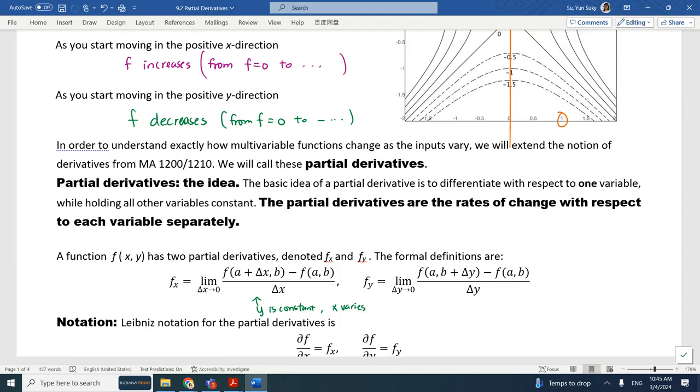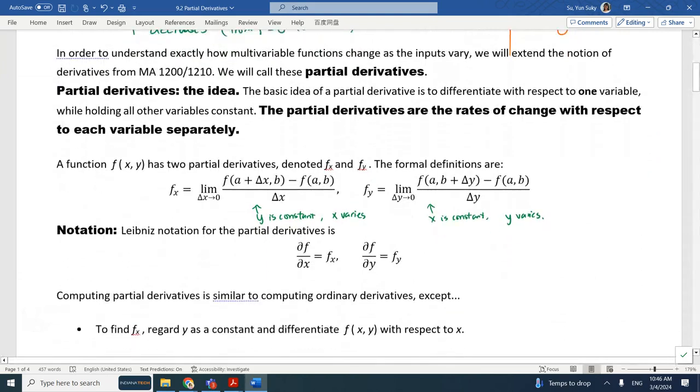This is the partial derivative with respect to x. x is the variable, y is like a constant. And here is the partial derivative with respect to y, where we treat x as constant and y varies.